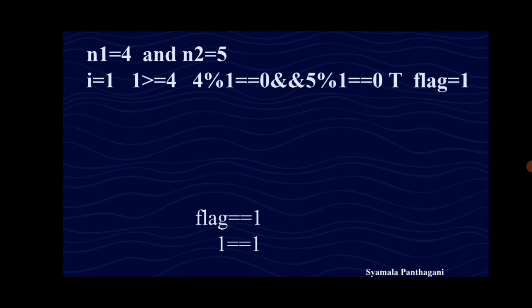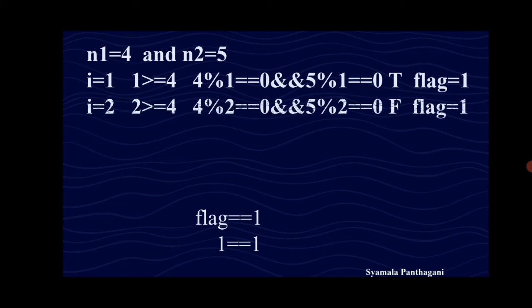Now in the first iteration, i is equal to 1, 1 is less than or equal to 4, that is true, and 4 mod 1 is equal to 0, that is true, and 5 mod 1 is equal to 0, that is also true. Both these conditions are true, that's why the whole condition is true. Then it increases the value of flag from 0 to 1.